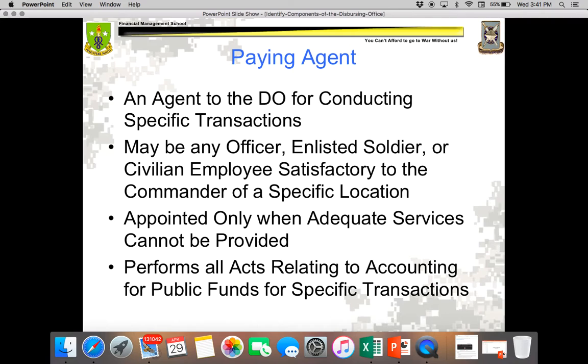Pay agent. Pay agents are appointed by their unit. They're not finance MOS people. They're appointed by their unit to conduct financial transactions. However, they're not finance and they do not belong to finance units. They'll come into the office. Like I said, they'll have forms, they'll have documentation showing how much money they're required to draw and what the money is for.